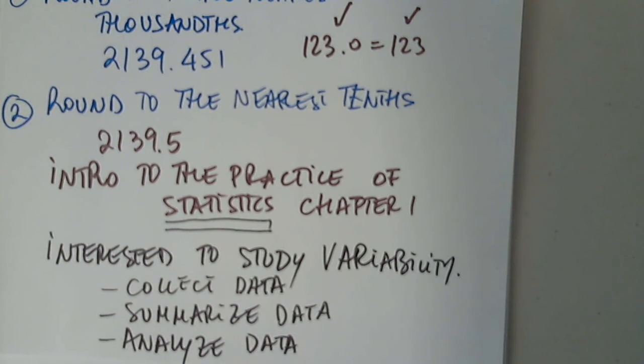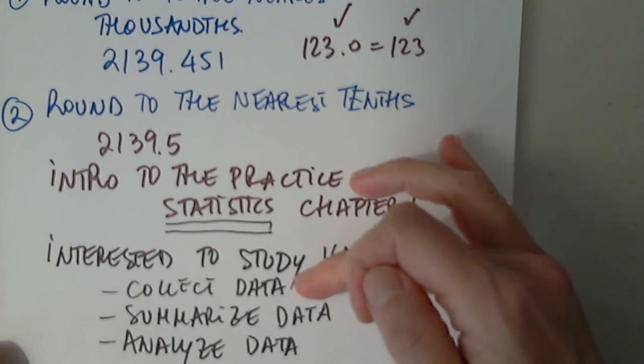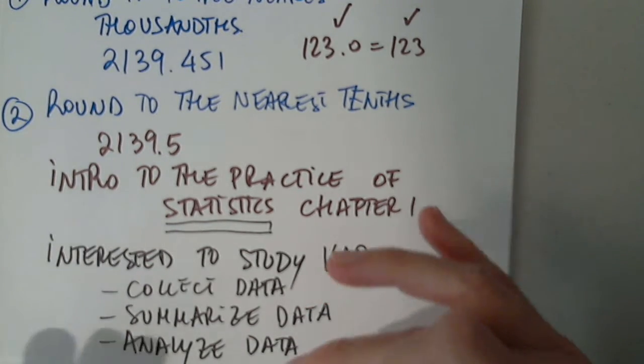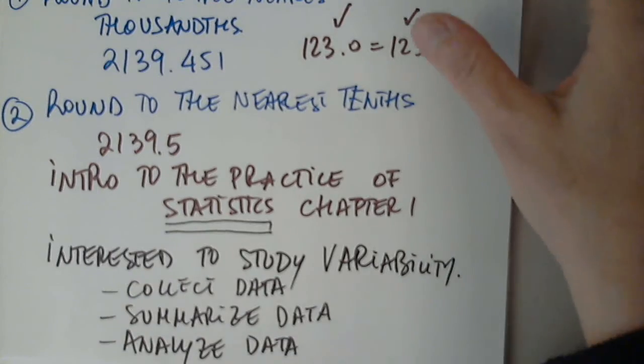So we collect, we summarize, and we analyze the data. That's what statistics is all about. We have to have the data. Once we have it, we summarize it, and after we summarize it, we analyze it when we draw conclusions.